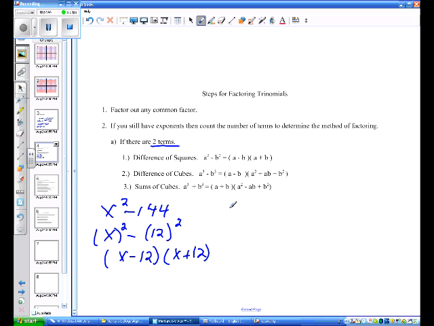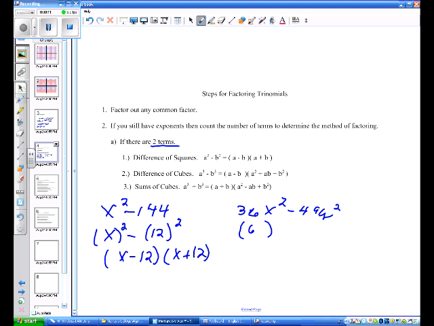Let's look at 36x squared minus 49y squared. Well, we have no common factor. There's not any number that'll divide 36 and 49. But we do have these in the form of perfect squares. So we can factor this.